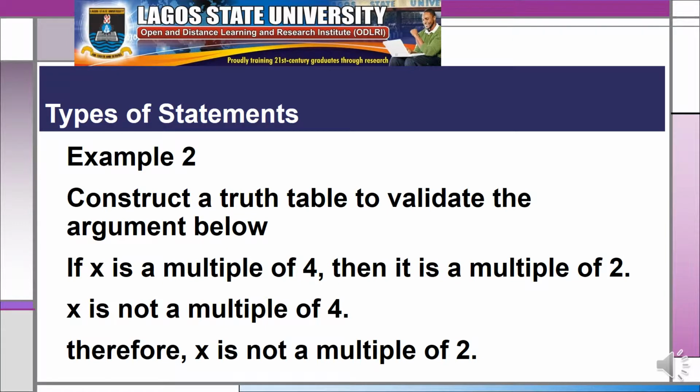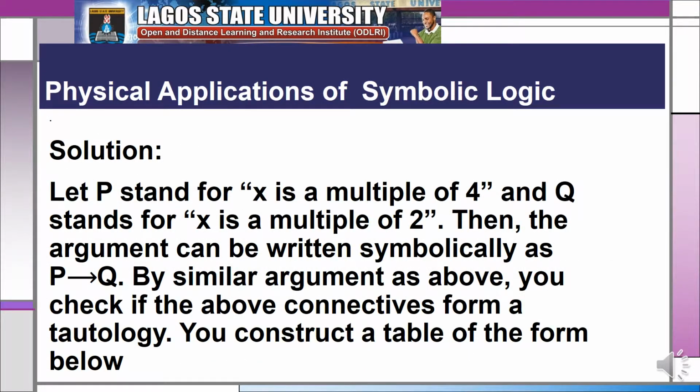Example 2. Construct a truth table to validate the argument below. If X is a multiple of 4, then it's a multiple of 2. X is not a multiple of 4, therefore X is not a multiple of 2. Solution.